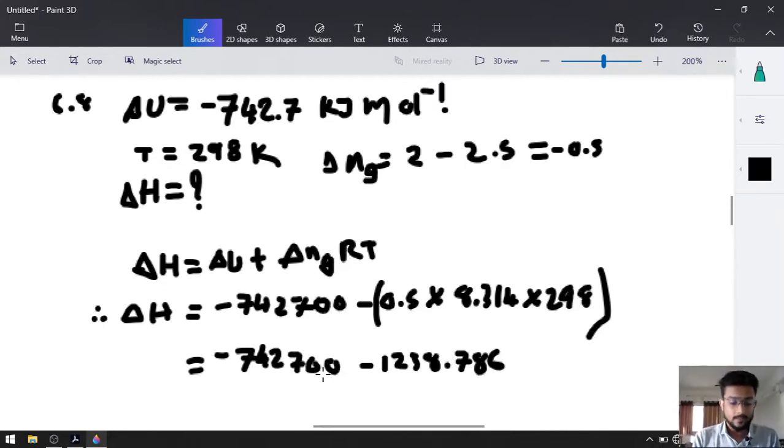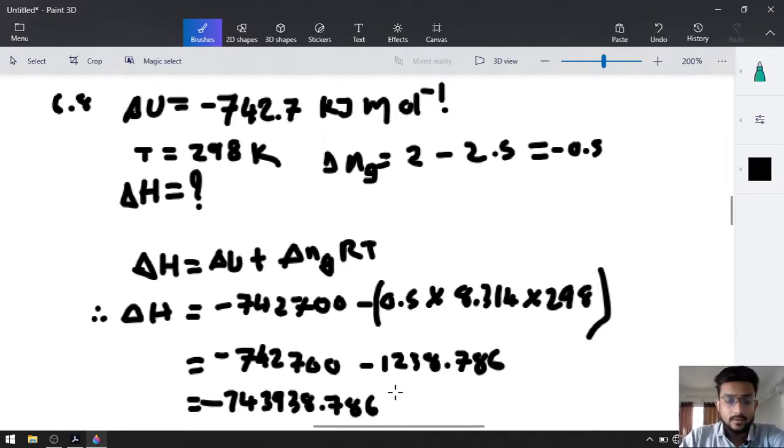So both will be added because both are negative. The whole number is equal to minus 743,938.786 joule per mole. Okay, convert it into kilojoule.